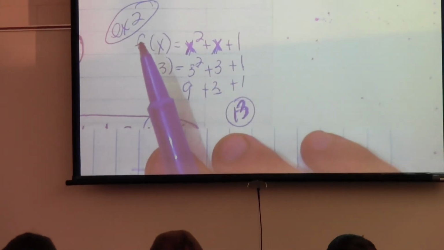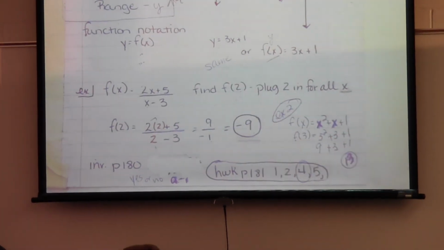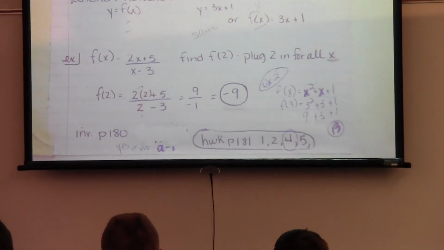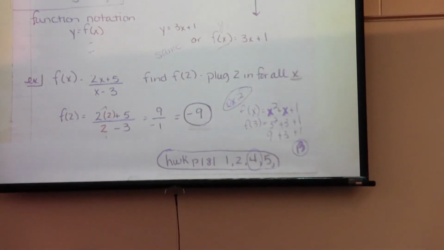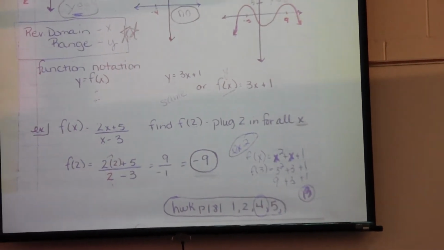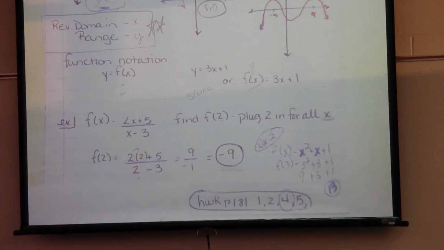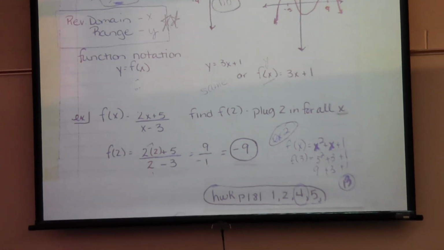Do you want me to zoom out on this entire page? Yes. Okay. Where'd you get 5 from? I'll give you a minute to write that down. Do we have any questions?